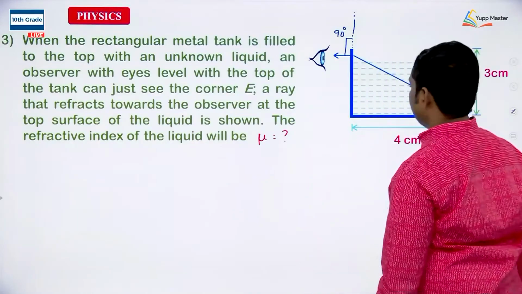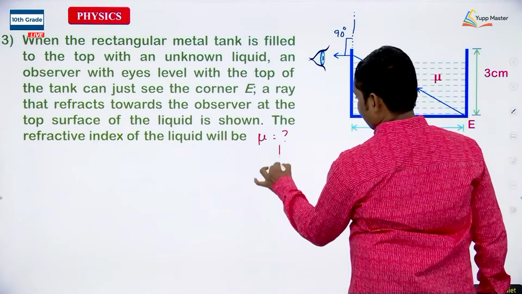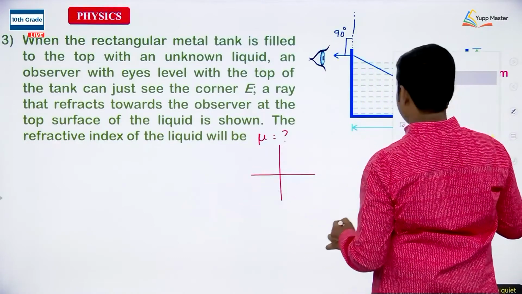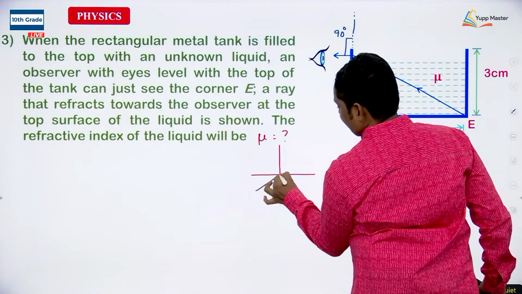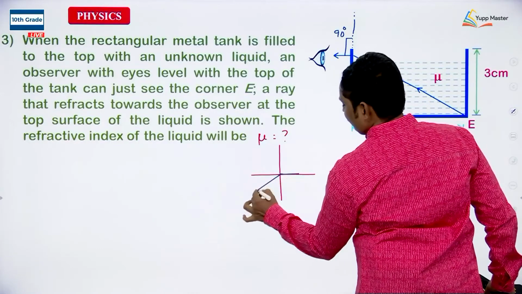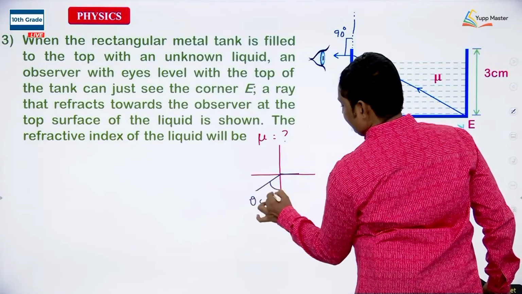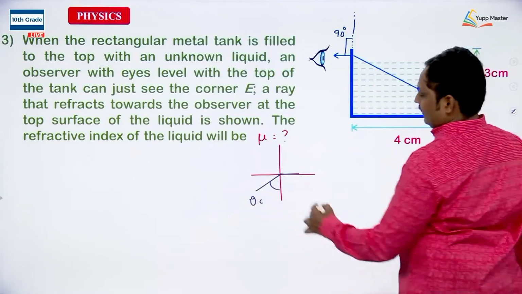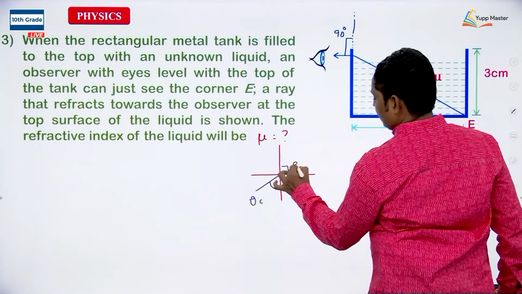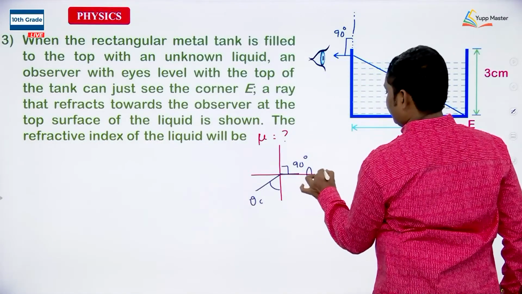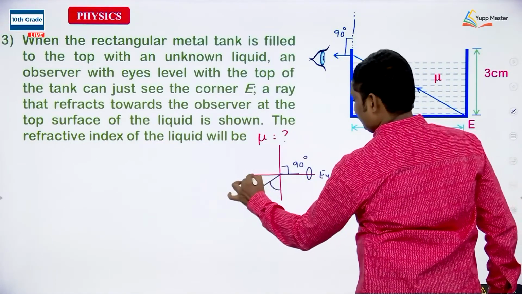Do you know the concept? This is a very simple concept. Whenever the light is taken at the critical angle, theta c, only then is it seen at 90 degrees. Here in this problem it is going to be taken as i.